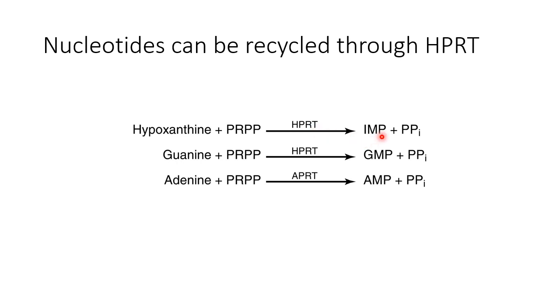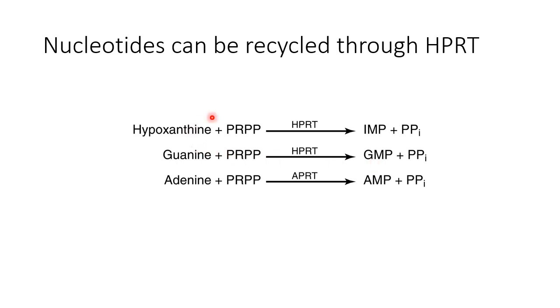And if again you add an amino group here, you will be able to reform adenosine monophosphate. Guanine plus phosphoribosyl pyrophosphate in the presence of HPRT will form guanosine monophosphate.